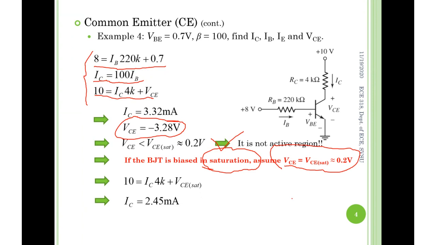What does it mean? It means this circuit is not an amplifier circuit. Instead, it is a switch on and off circuit. So the BJT works as a switch. The saturation region of the BJT is the on state. Remember the IV curve?